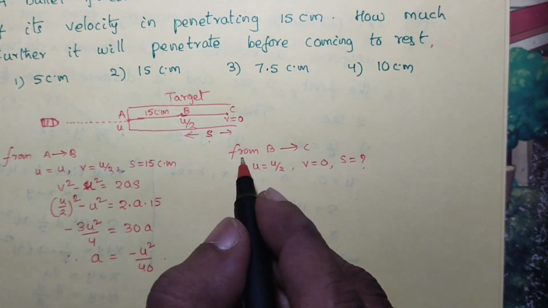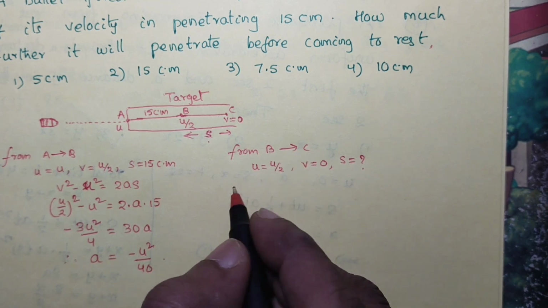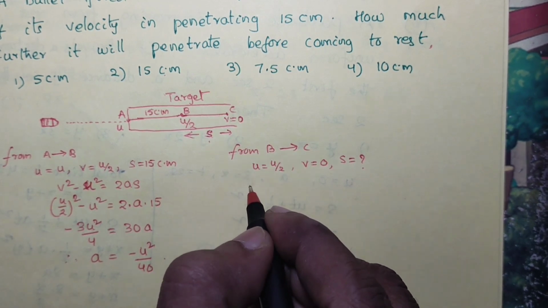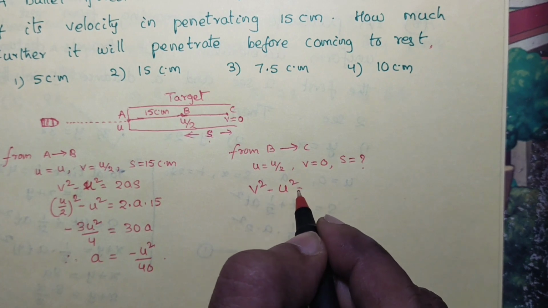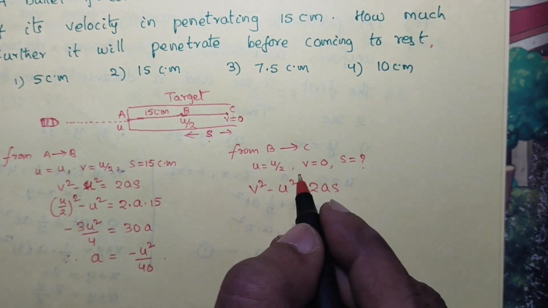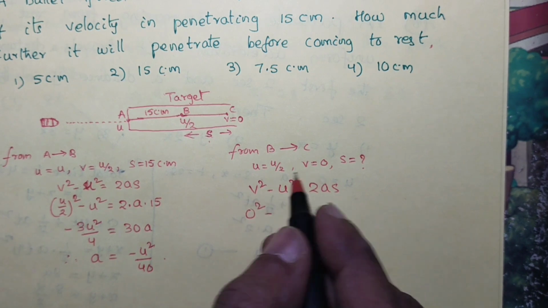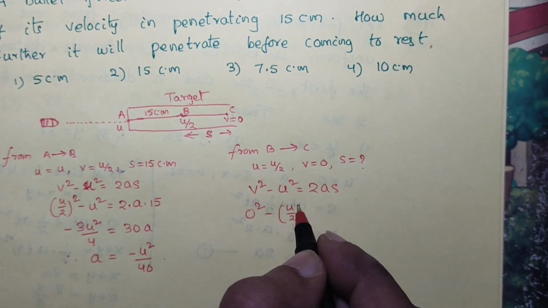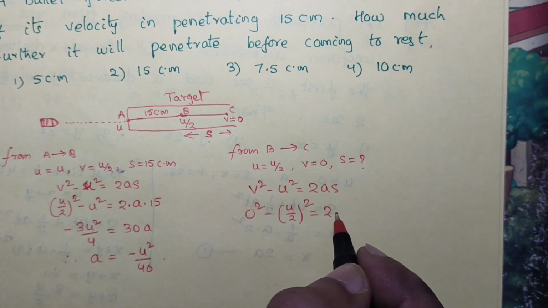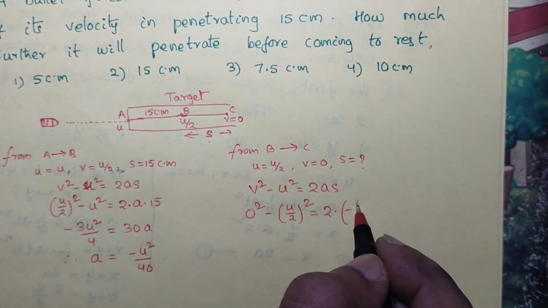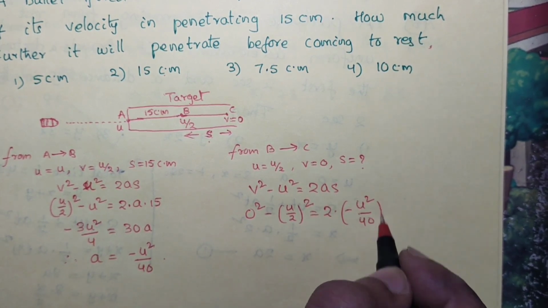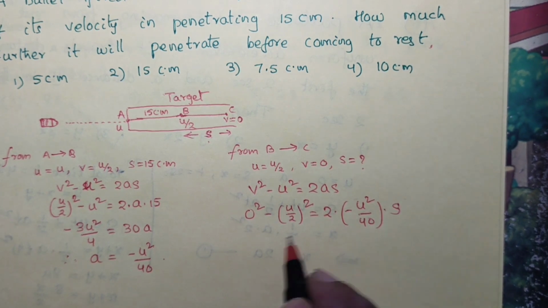And from here, for B to C, apply the formula v² - u² = 2as. v² is 0² minus u, which here is (u/2)², equals 2 × a, which here is -u²/40, times s. So here -u²/4 is equal to -u²/20 × s.